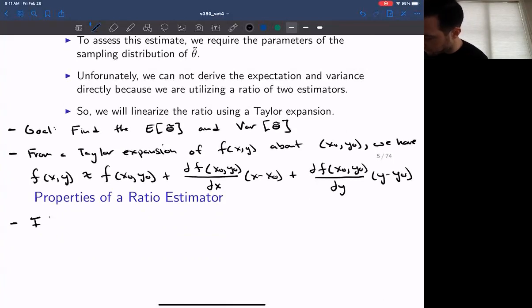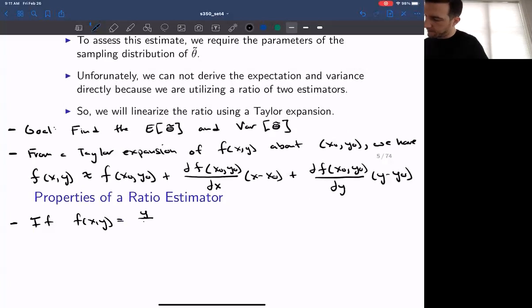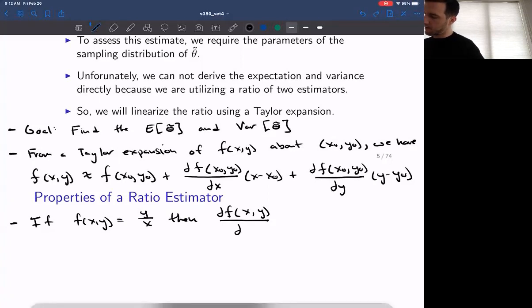Okay, so if f of x, y is equal to y over x, then del f of x comma y divided by del x is equal to, no, sorry, it's equal to negative y over x squared.